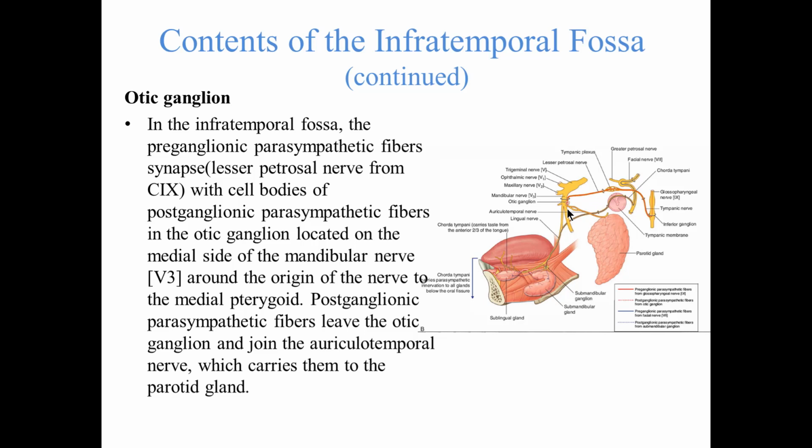The lesser petrosal nerve carries parasympathetic fibers for the parotid gland. This parasympathetic nerve comes from the glossopharyngeal nerve to the otic ganglion.